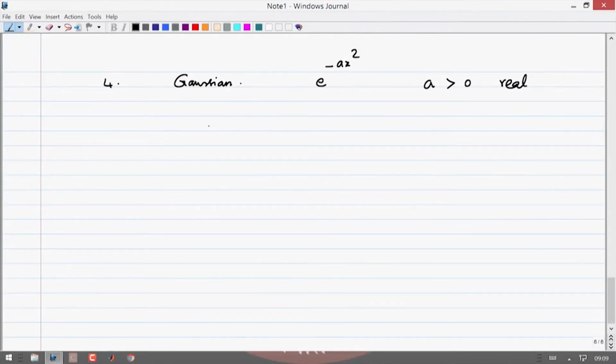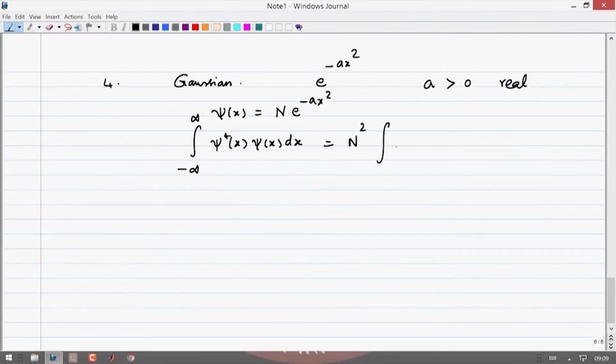Then if you write this as the wave function, a normalization constant n times e to the minus ax square, then psi star x psi of x dx between minus infinity to plus infinity, the entire range of x over the real axis is permissible now, and you have the integral of e to the minus 2ax square dx between minus infinity to plus infinity.